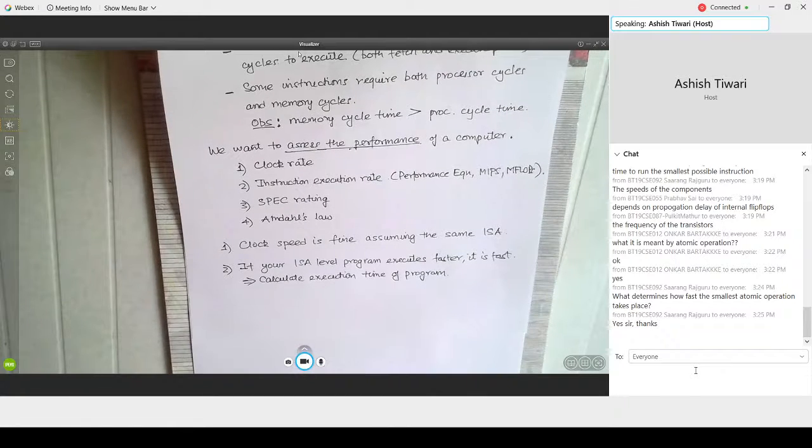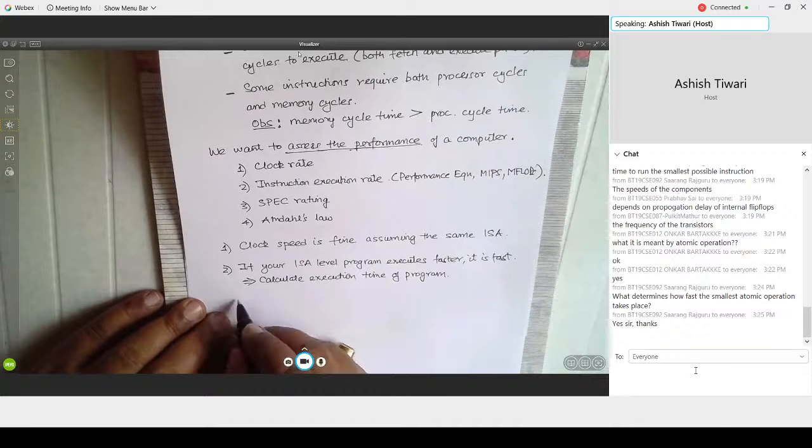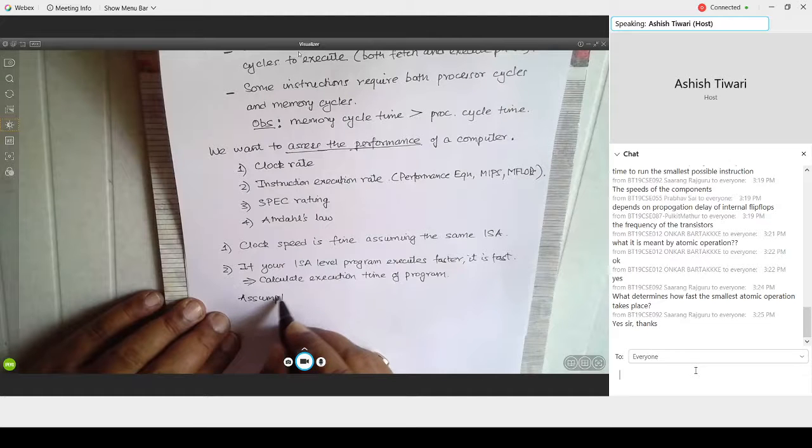So whenever the teacher says write a program, he's referring to a C program. Similarly, when you talk of architecture, whenever I am talking of a program, I always mean an ISA level program. I might not say that all the time, but essentially, I want to calculate the execution time of a program, right? Okay, so I will have certain assumptions or definitions, and then we will go ahead to do that.